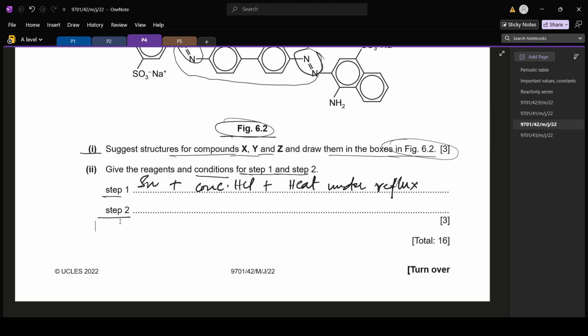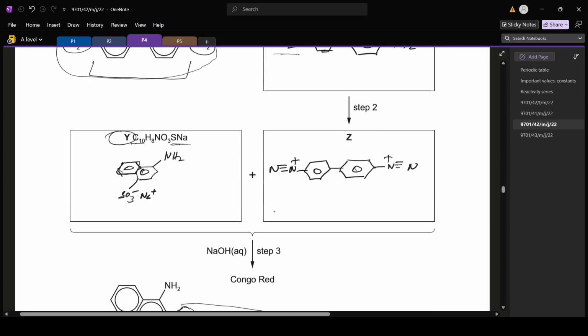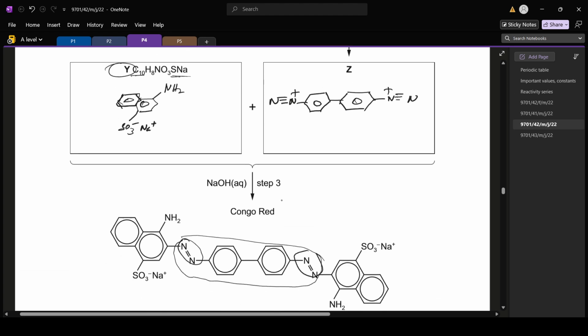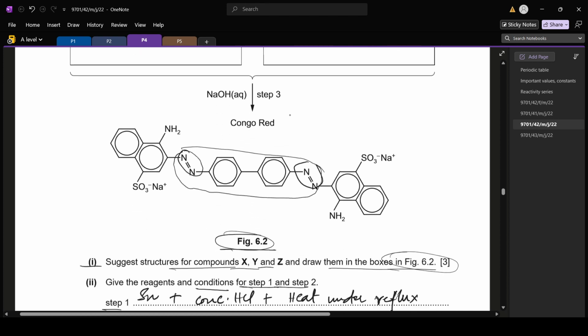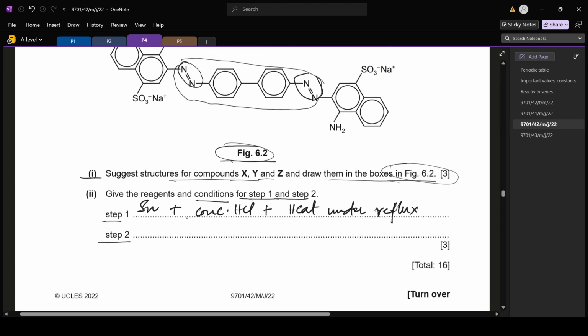Okay, step 2. In step 2, this phenylamine is changed into diazonamine. This diazonamine is stable only under 10 degrees Celsius. If the temperature is above 10 degrees Celsius, this diazonamine will be very unstable and will break.